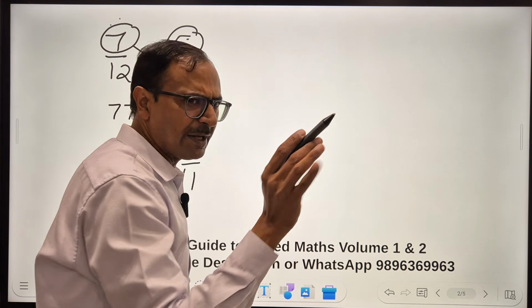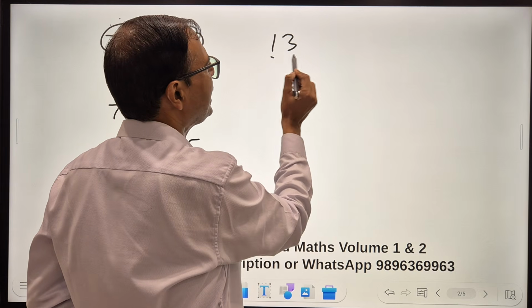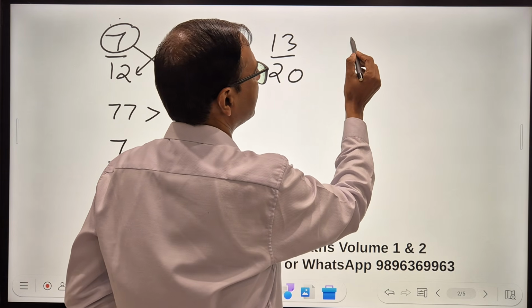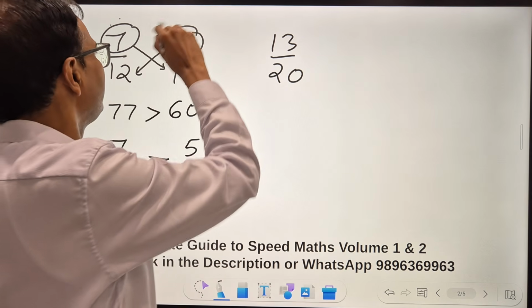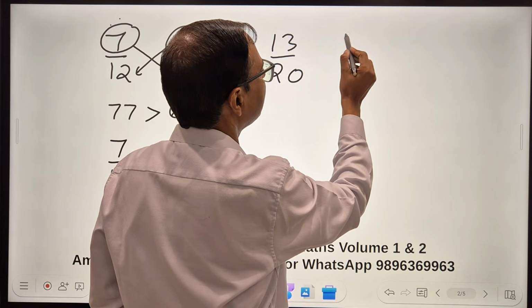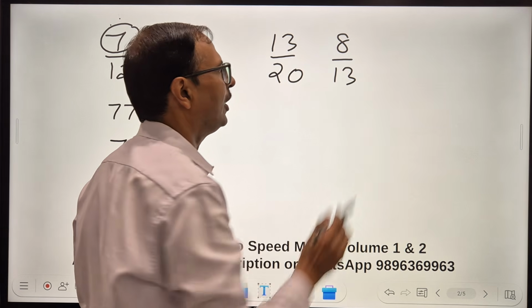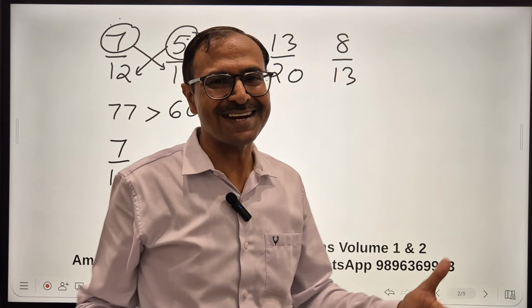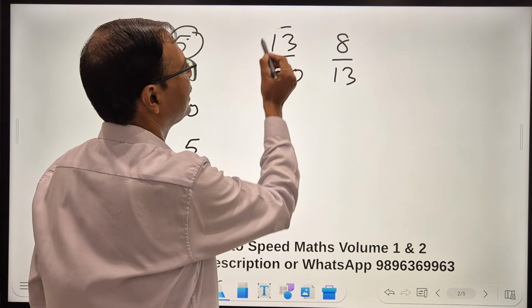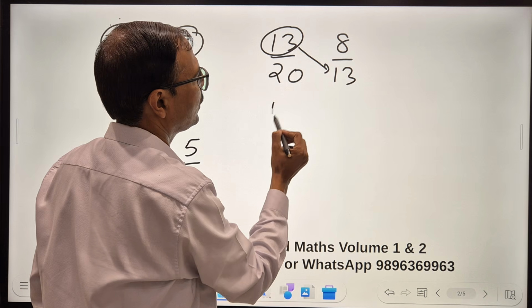Likewise, let's take a bigger example. Say 13 upon 20, and 8 upon 13. Now I need to find out which one is the smaller one or which one is the larger one. Again, do the same thing. 13 times 13, 169.